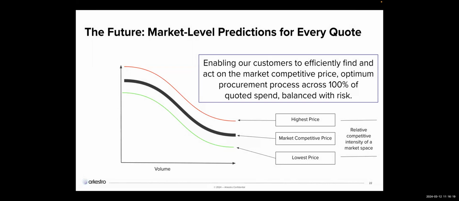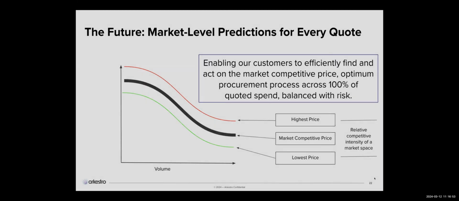But at the end of the day, it's about delivering across more spend, amplifying the impact of your team, and the teams of the people working in this space, to understand what the high and low of a pricing outcome is in the context of the holistic criteria: lead time, availability, supplier performance, risk, and then helping your team attain that more frequently across more spend, or as Neil likes to say, better outcomes faster at scale.